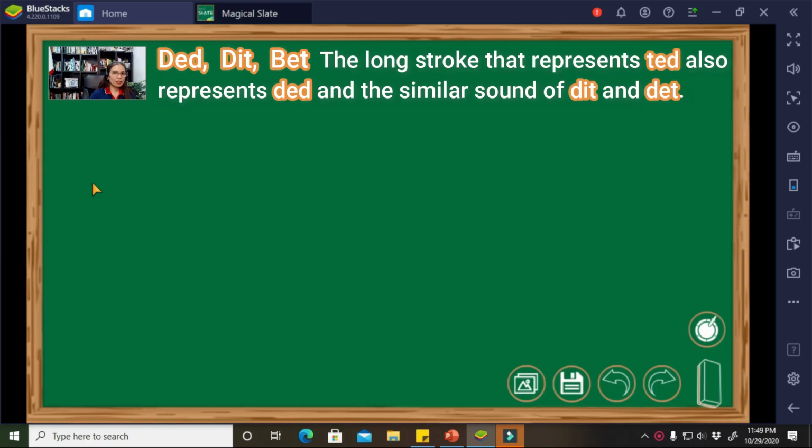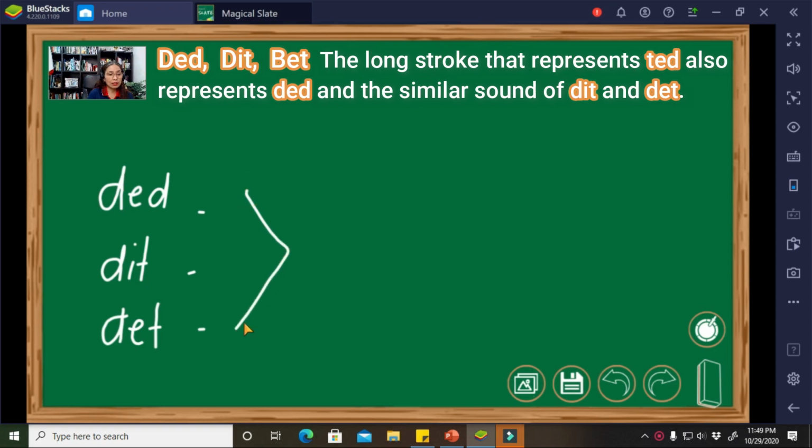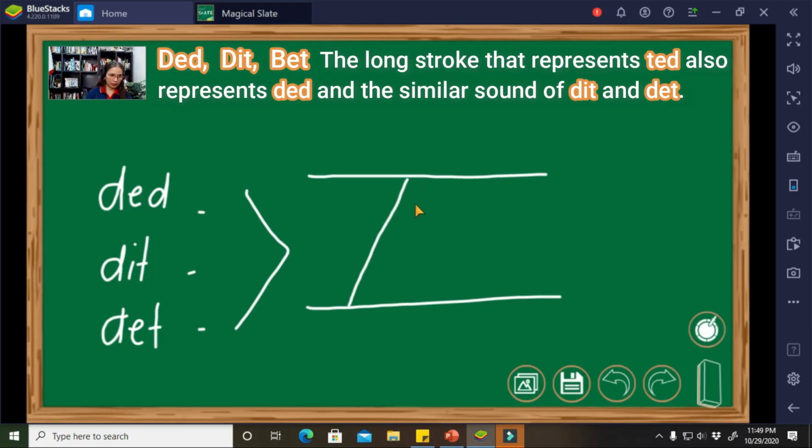So it's the same symbol as for TED. For dead, dit, and det, we use the same symbol, an upward straight line.